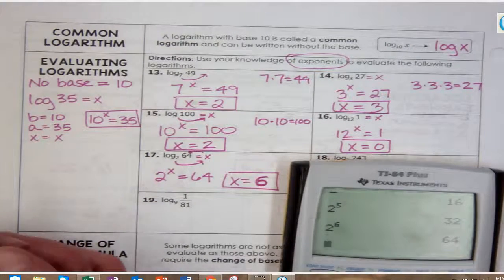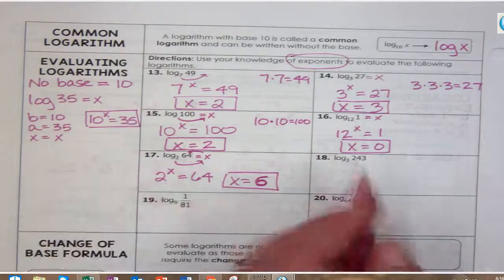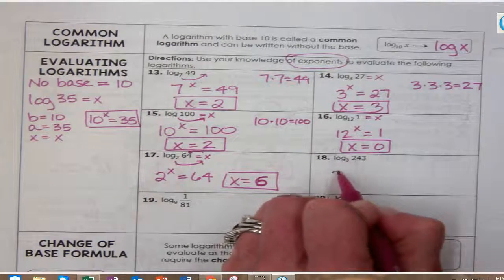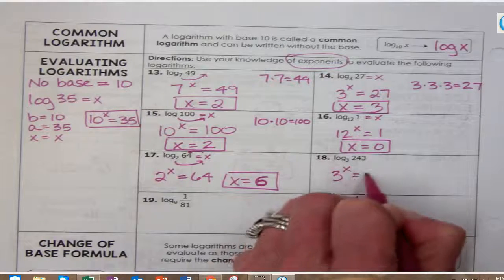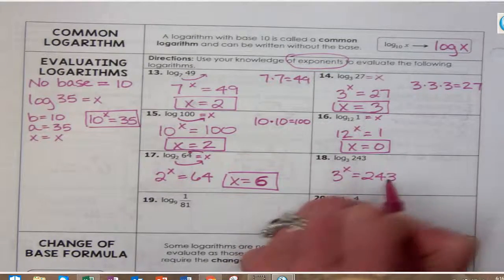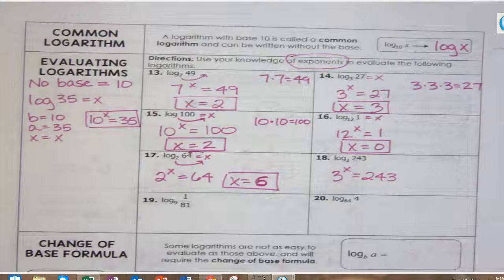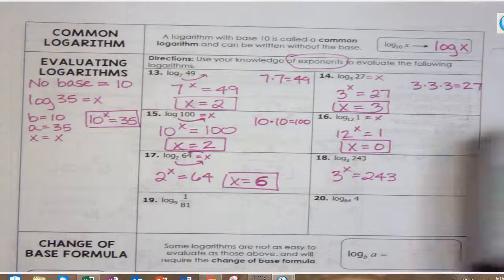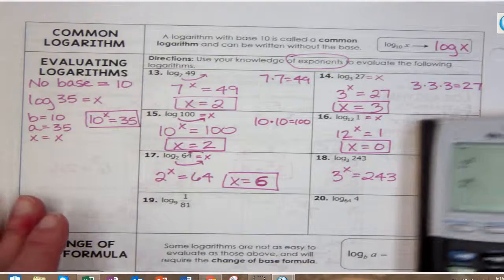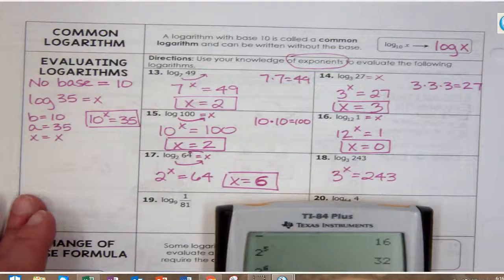All right. Same here. 3 raised to what power is going to give me 243? Well, I really don't know if I know the answer to that right now. So I'm going to go to 3 and raise it to maybe 5 and just see what happens.